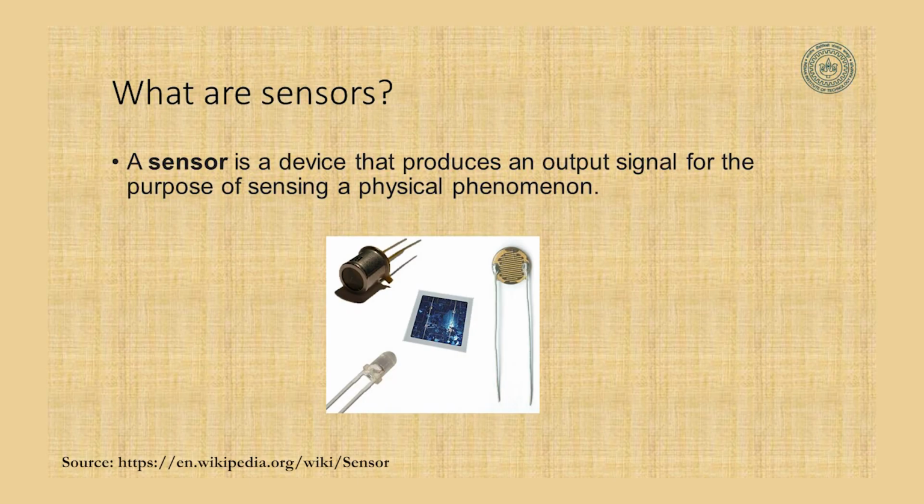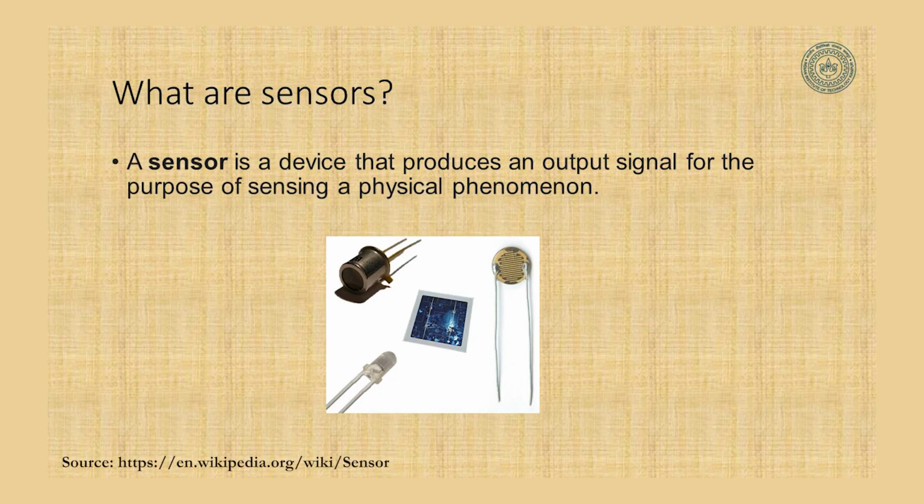So, what are sensors? Well, a sensor is a device that produces an output signal for the purpose of sensing a physical phenomenon. Okay. So, there is some physical phenomenon that is going on, and the sensor helps you create a signal for that phenomenon. Maybe there is temperature in the atmosphere, and you want to measure the temperature.